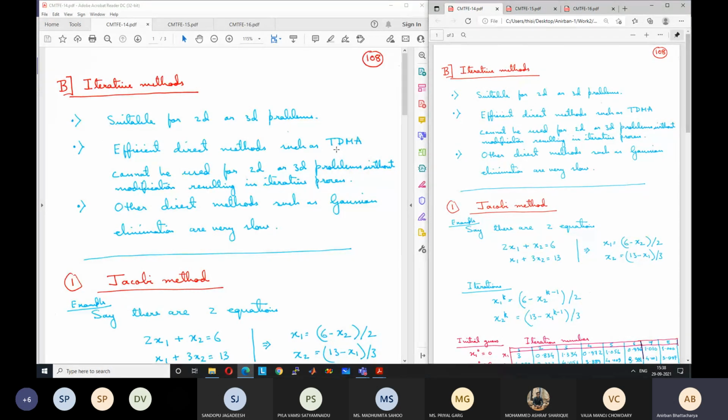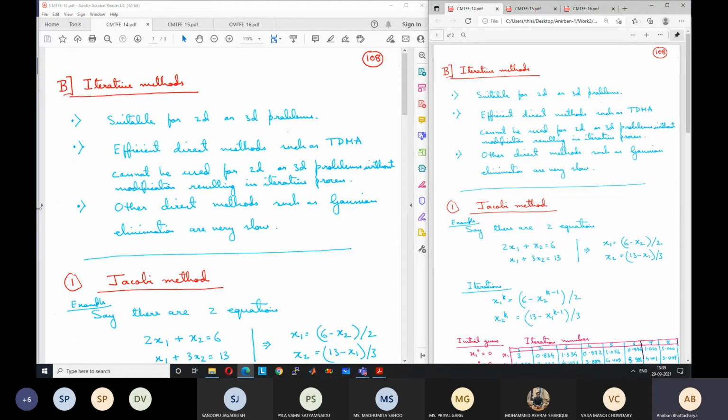That will lead to a pentadiagonal matrix. You have told it correctly. For a 3D problem, it will have 7 diagonals, a heptadiagonal matrix, and then we cannot use that algorithm in that case. We can devise another algorithm, but it will not be a tridiagonal matrix algorithm, and it will not have that kind of speed as the TDMA.